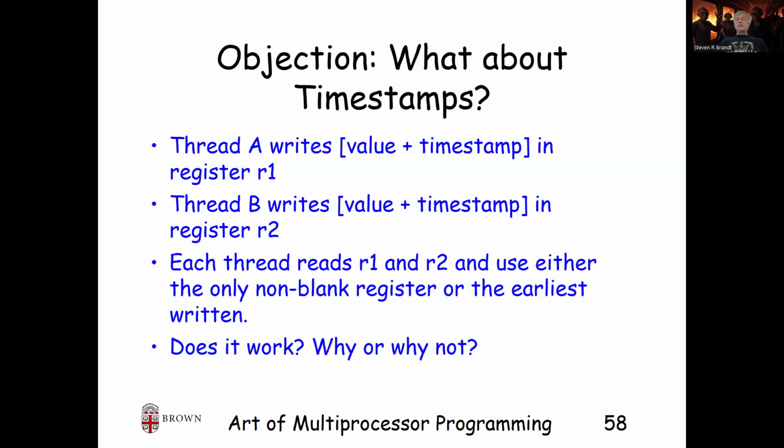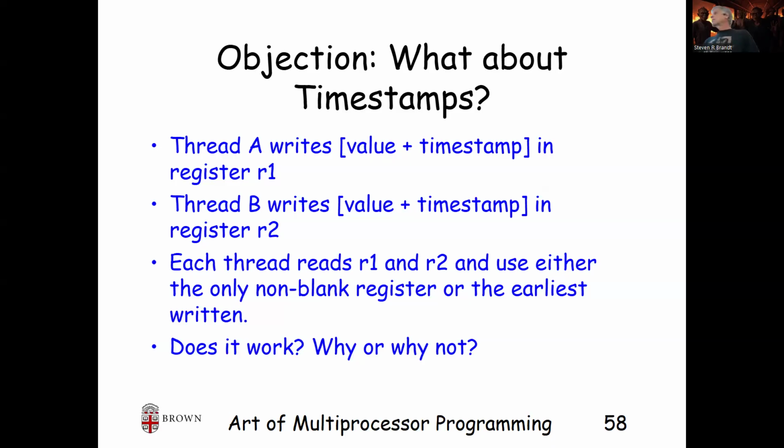So let's consider these possibilities. Let's say that thread A comes first and writes its value and time, and then it checks to see if B has written, and it sees nothing, right? And so it decides it won. Now, in the case of a tie, we can do what we did with the bakery algorithm.